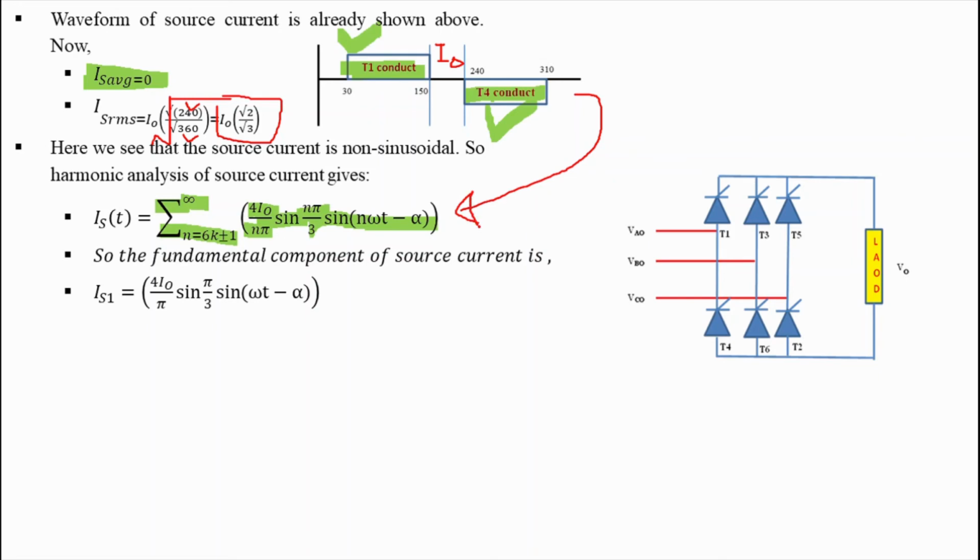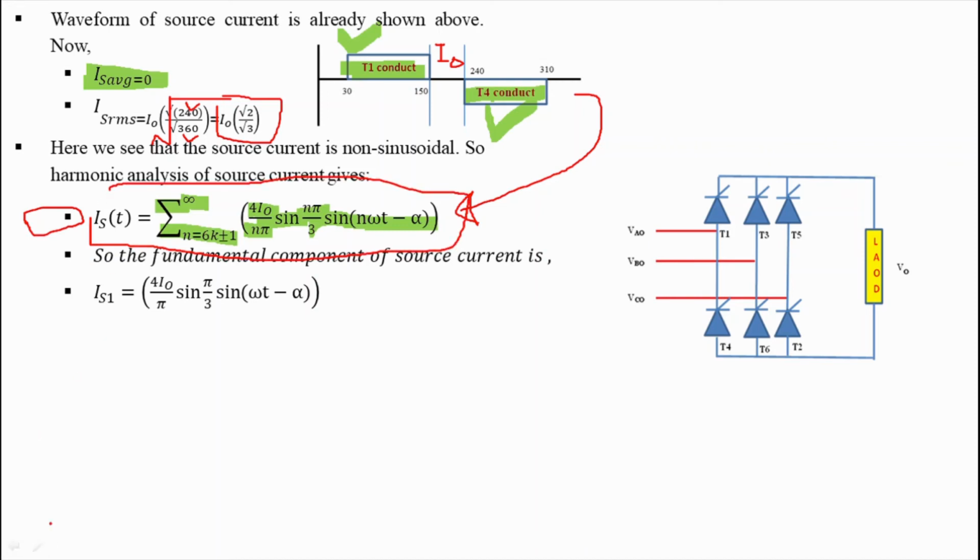If you are not that proficient in Fourier series, then you have to memorize this formula, because this formula is very important. Or if you know the concept of Fourier series, then you can easily find this.